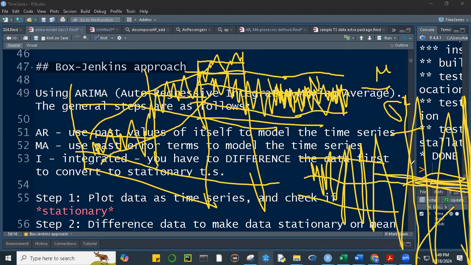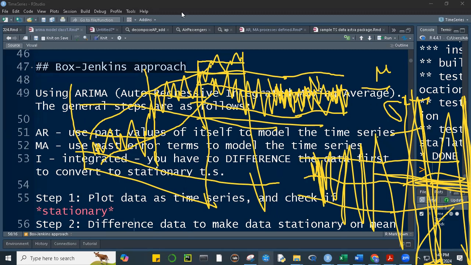However, class, the variance is different. Here, the variance is not very high. Here, the variance is just here. The variance now is about this one. The variance here is about this one. So now, the mean is constant, but the variance is not constant.